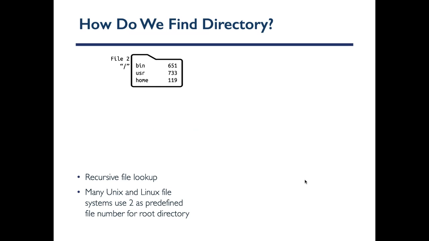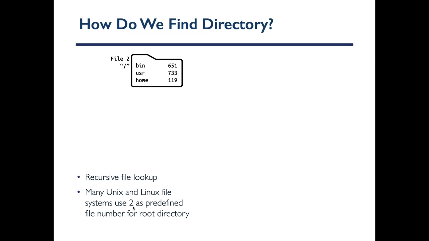So this is putting it all into perspective. From the beginning, if I have a path, I can look at my root directory. So probably I need to have a specific file number for my root directory. Usually Unix systems keep number 2 as a predefined file number for the root directory.